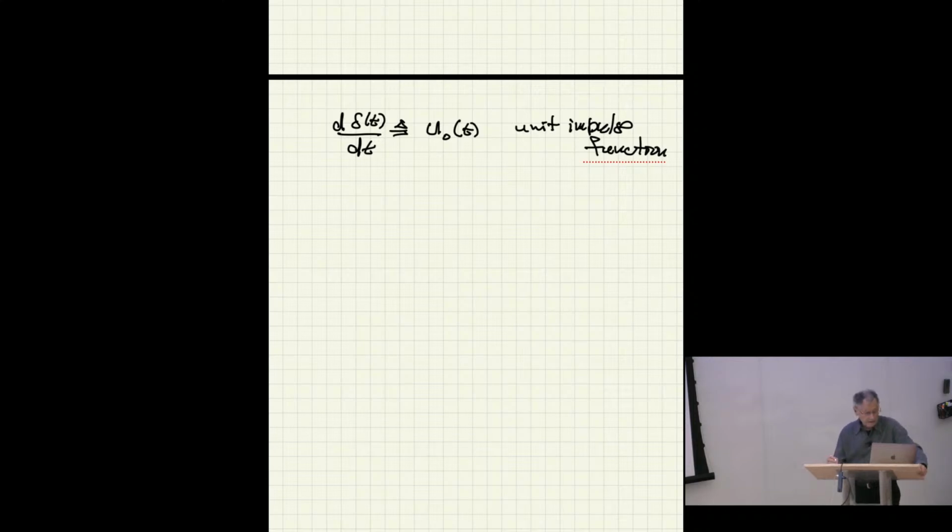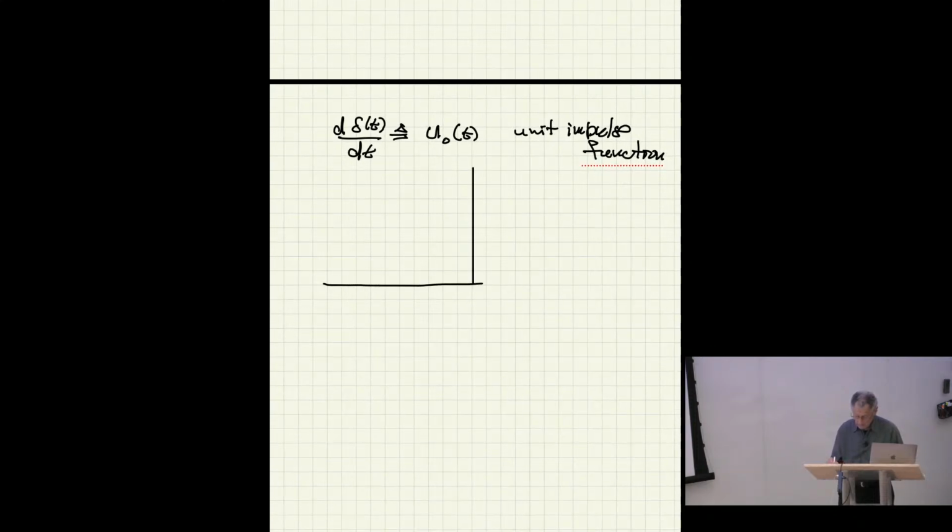Okay? And basically, it's something that occurs at 0. So let's look at it. Let's try to create this u0 of t by playing an interesting limiting game. I want to consider a function which looks like this.